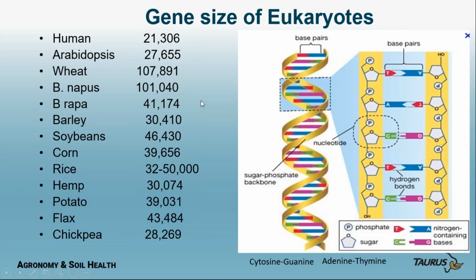I like to say that, you know, the plant knows what to do. You hear that every time I speak, just so you know, and we have plants that really know what to do. Look at the gene size of wheat, 107,000, almost 108,000 genes in the whole genome, 101,000 in Napus. Tells you why we grow wheat and canola on the prairies and grow those worldwide.